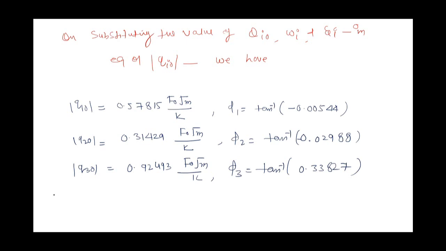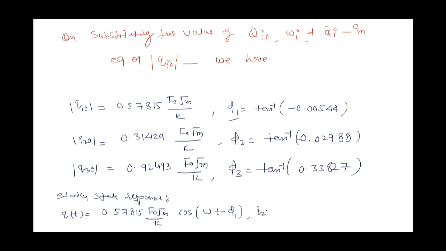The steady state response in the form of principal coordinates can be written as Q1(t) equals 0.57815 f naught under root m over k cos(omega t minus phi 1), where omega is the excitation frequency, and we can replace the values over here.